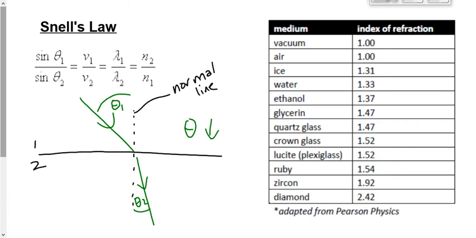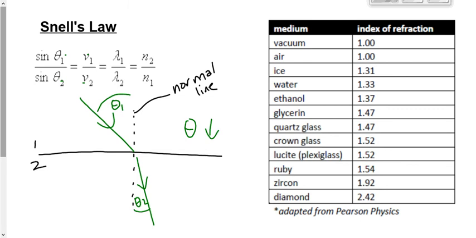Have a look at the equation up there for a second. If theta goes down, why do you think theta went down? If the angle decreased, it must have decreased because the speed... which is it? If it's theta 1 over theta 2, V1 over V2, then they're related to each other directly.